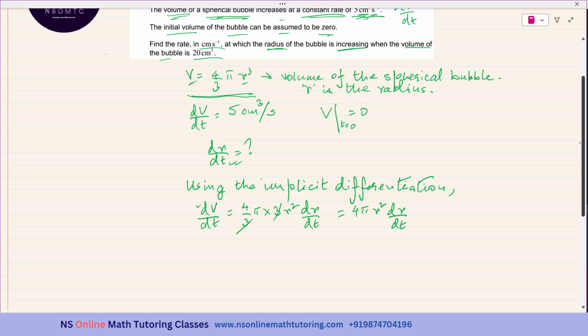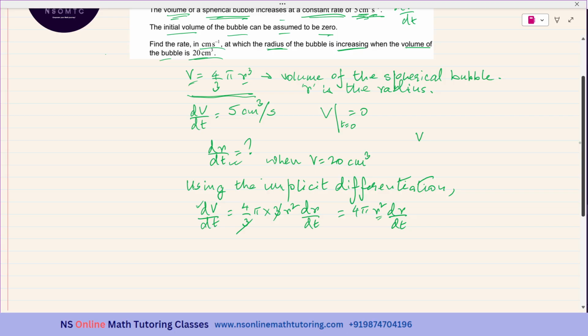We know the value of dV by dt, but we do not know the value of r square. So, first of all, we have to get the value of r. Another information is given. We are required to find dr by dt when V is equal to 20 centimeter cube.